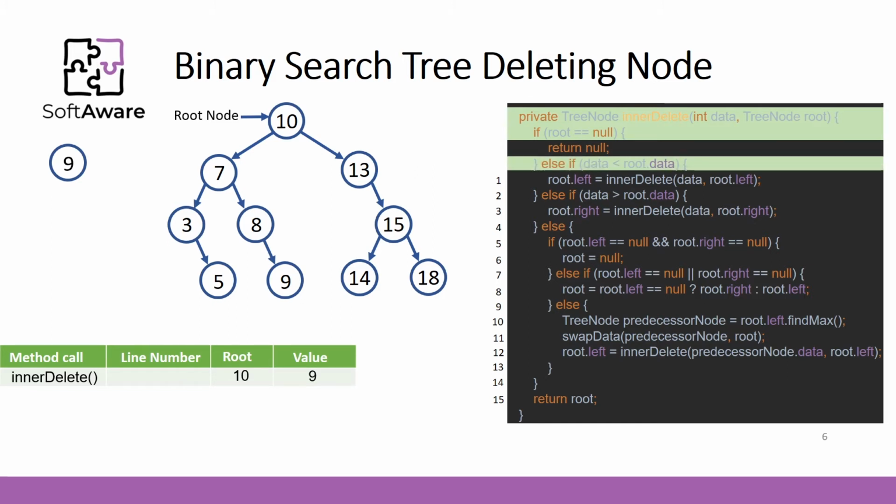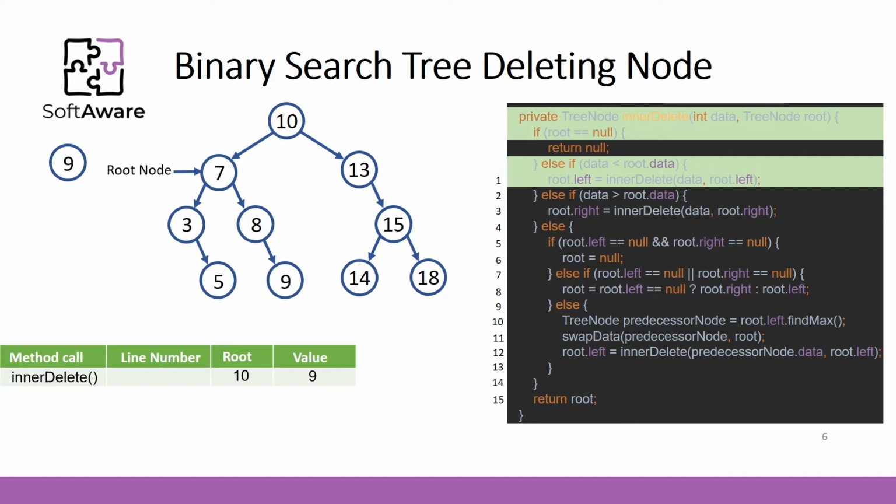At the second else-if check, we determine if the data to be deleted is located in the left subtree of the root. In this example, the data element of 9 is smaller than the root node's data element of 10, so this condition would be executed. After execution, we would have our first recursion call where we change the root pointer to root.left and assign the return value to root.left when we return from this recursion.